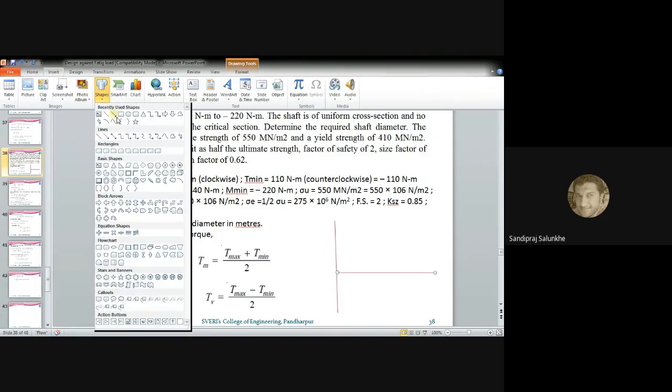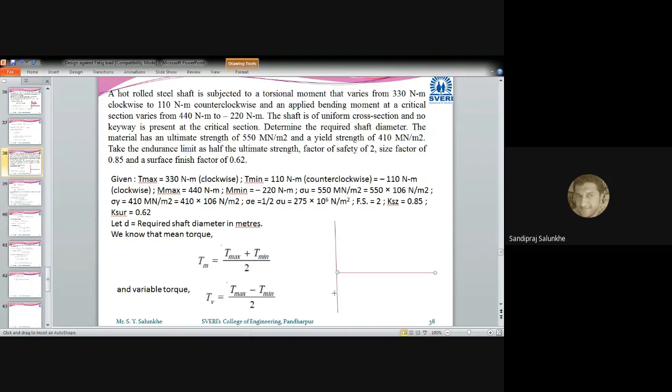And if you want to have the graphical representation of this torque, this is how this torque is varying. And this x-axis is crossing the y-axis at 0. Okay, so below 0 it is 110, and above 0 it is 330 Newton meter. This is about the torque.